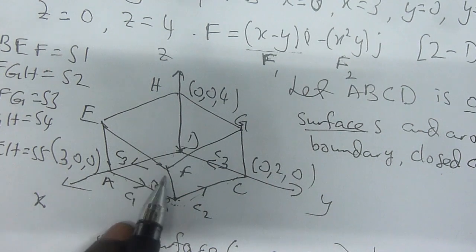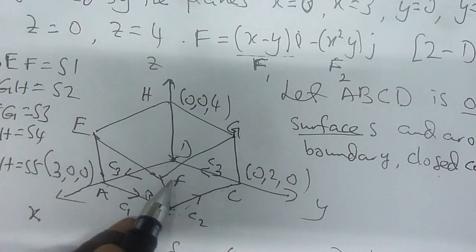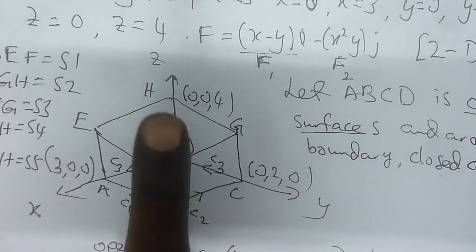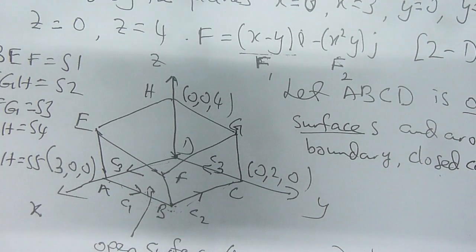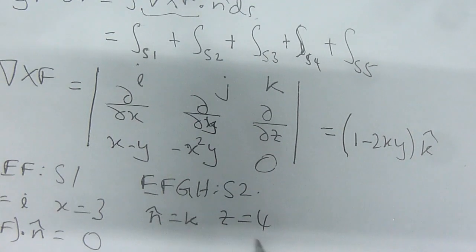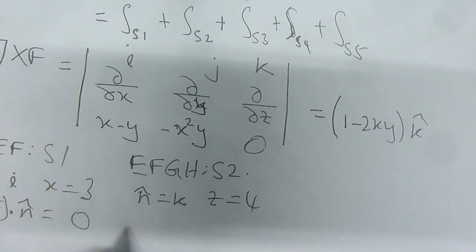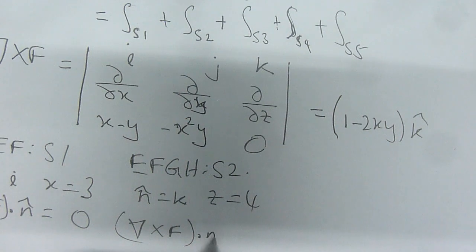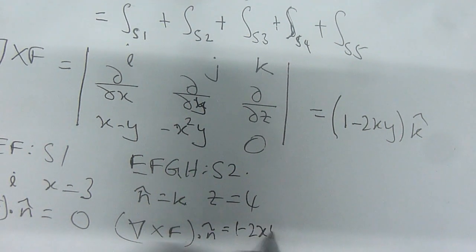E, F, G, H, this one is up. The normal is in the z direction, right? That means it's k. Clear? Can I calculate this? Del cross F, and yes, we get 1 minus 2xy.